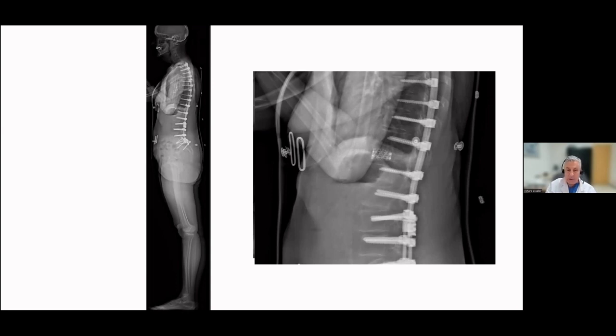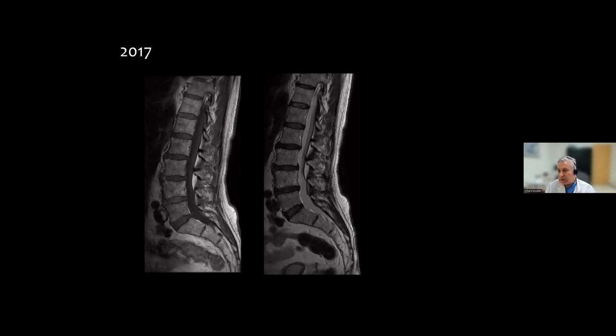I would like to start with a typical case that we encounter very frequently. This patient, in 2017, asked to be seen by a senior spine surgeon for back pain. At that time, the surgeon said, you need some rehab and you don't need surgery.